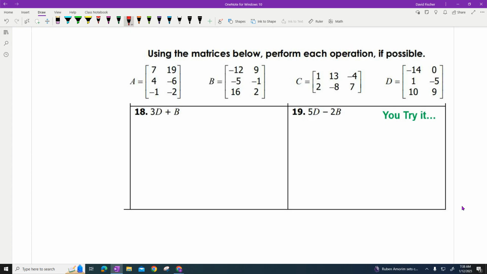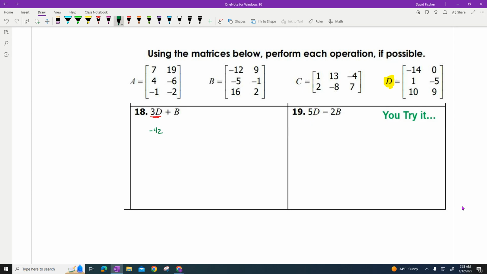So as I look at this, I see multiplication right here and addition here, so I got to take 3 times my D first, and I'm going to put a matrices down here. So D's over here, so I'm going to take 3 times everything in there. So grab a calculator real quick and record your answers here. So I got 3 times negative 14, negative 42.